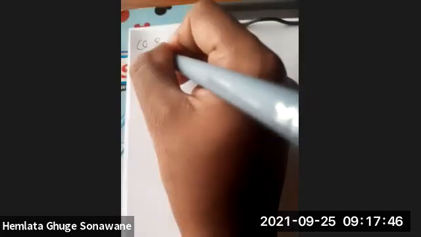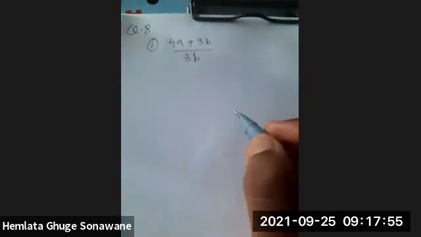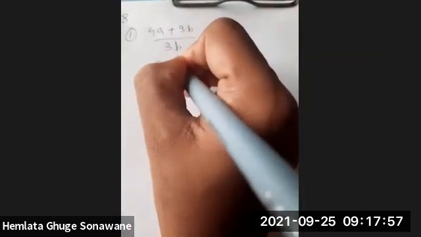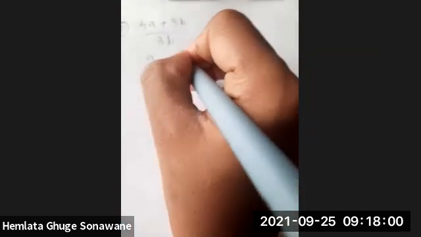We'll take the next question, that is question number 8. If A upon B is equal to 2 upon 3, then find the values of the following expressions. First one is 4A plus 3B upon 3B. Now what is given? A upon B is equal to 2 upon 3.